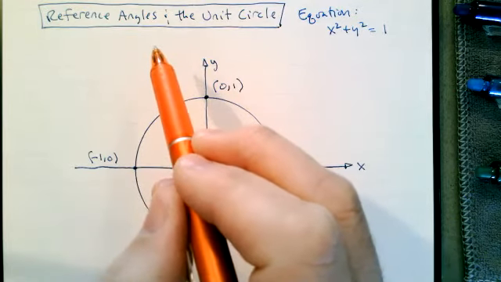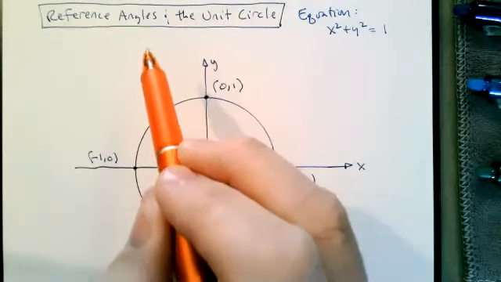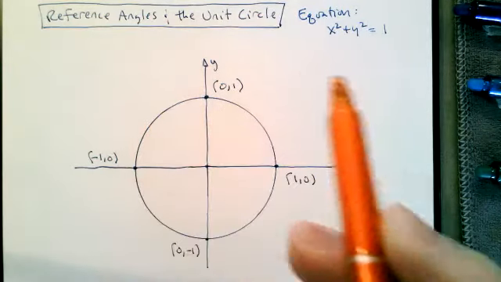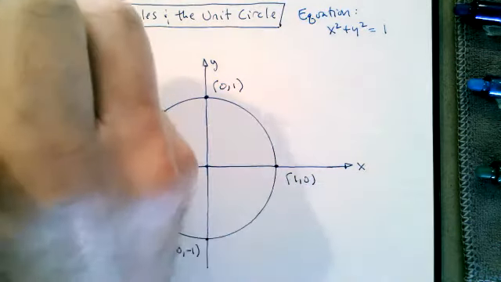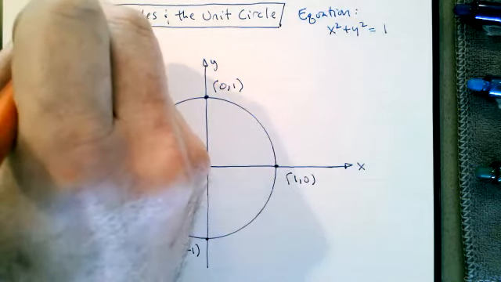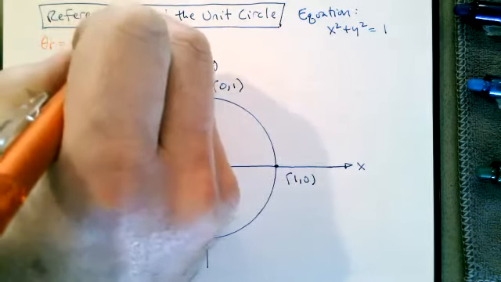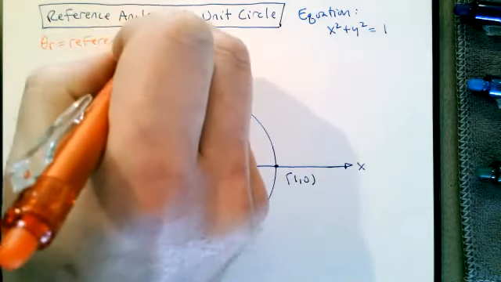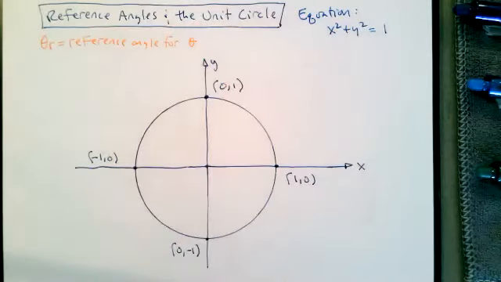Here's the way I describe the reference angle. The reference angle goes from the terminal side to the nearest part of the x-axis. The reference angle for any angle theta is theta r.